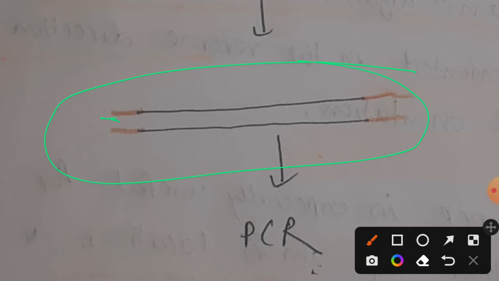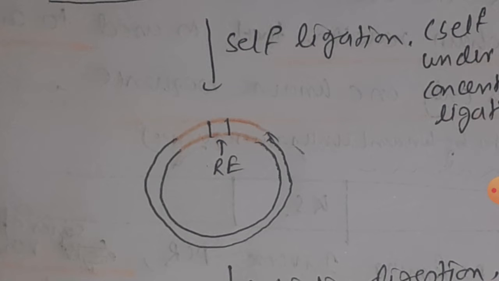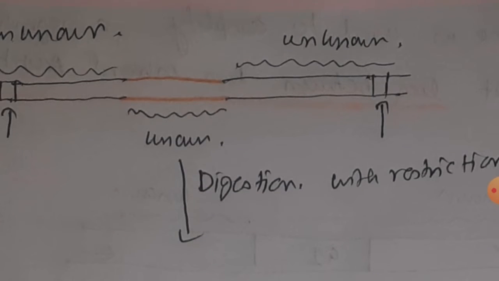You will construct a primer on the basis of the DNA sequence at the 3' end here. Let's say this one is the 5' end, and then you will also prepare a primer on the basis of the DNA sequence here, and then you will perform the normal PCR reaction that we are performing. So that is the concept of inverse PCR.